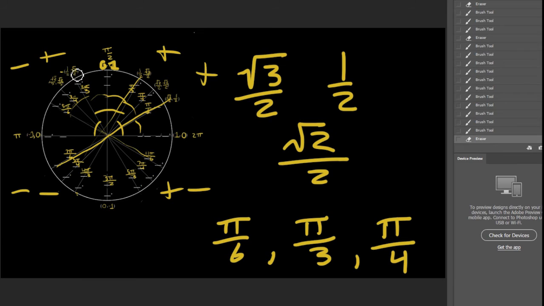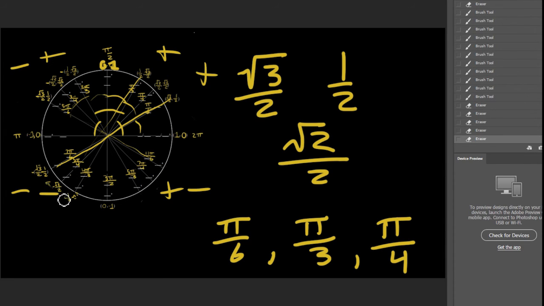It would be minus half, root 3 over 2, minus root 2 over 2, and then root 2 over 2, and then the same stuff over here. You just flip it over. It's the same thing over here: negative root 3 over 2, and then 1/2.